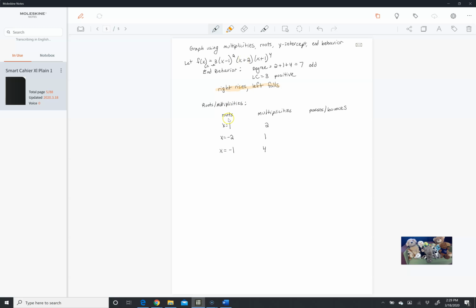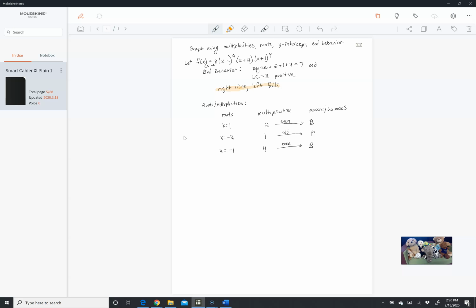This is x plus 2, but our root is x equals negative 2. And this is x minus 1, but our root is positive 1. And since the multiplicity is even, that tells us that it bounces. Here the multiplicity is odd, so that tells us that it passes. And here the multiplicity is even, so it bounces.